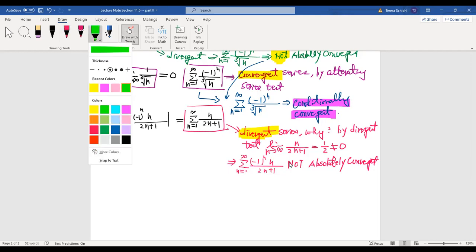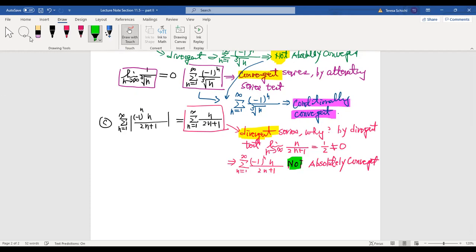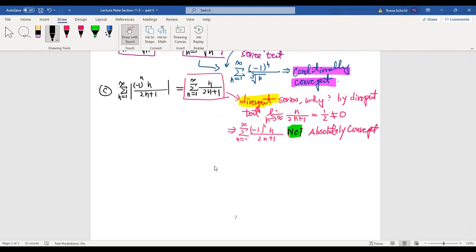Okay, so it's not absolutely convergent. Now let's take a look at it by itself, without absolute values. Here this is (-1)^n n over 2n plus 1, just looking at the alternating series. Let's take the limit again as n approaches infinity of n over 2n plus 1. I'll be darned, this is still equal to 1/2. It's not equal to 0.